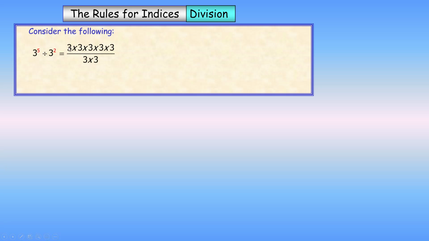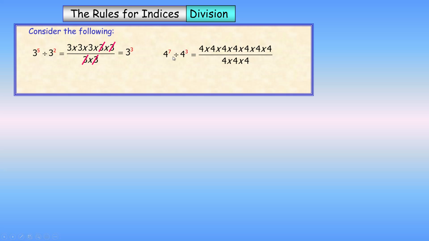So 3 to the power of 5, 1, 2, 3, 4, 5, 3 times itself 5 times, divided by 3 squared. We can cancel now. Cancel one of the 3s with another one on top, and cancel 2. So it leaves us with 3 to the power of 3. So 3 to the power of 5 divided by 3 to the power of 2 gives us 3 to the power of 3. Might be a quicker way again.